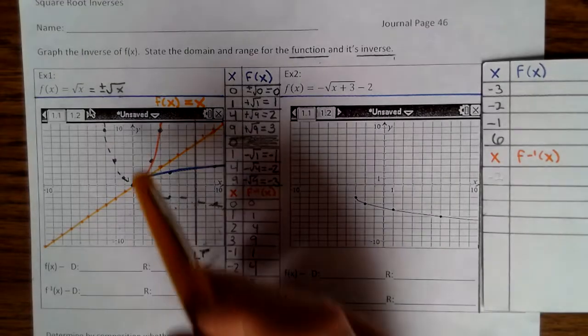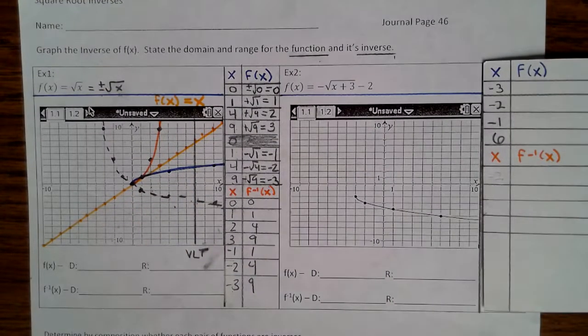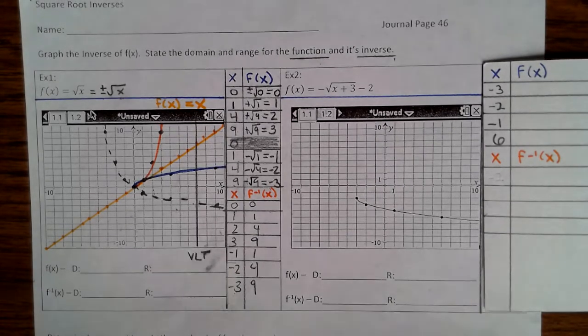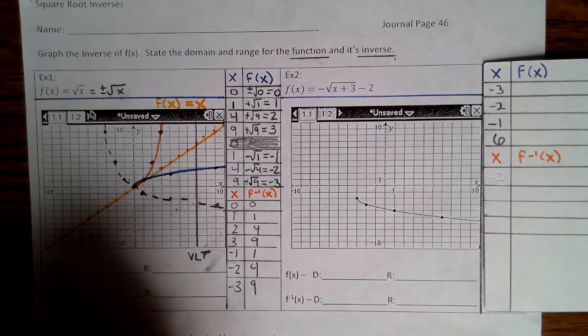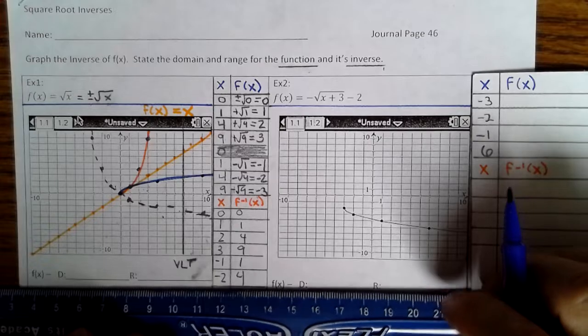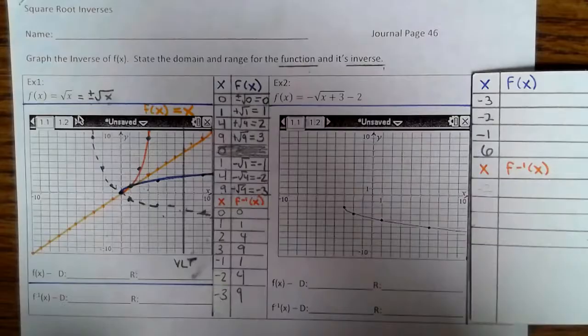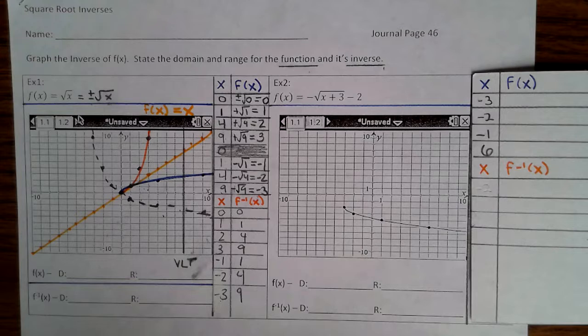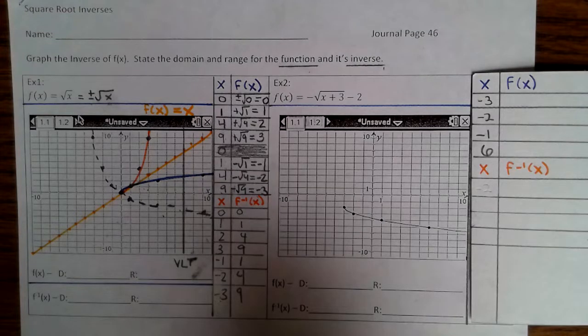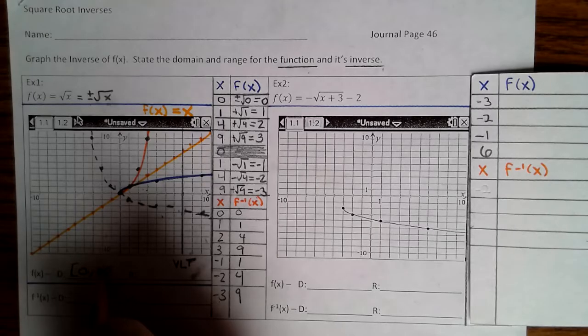Now, domain of f of x is bracket 0 to infinity, and range is bracket 0 to infinity.